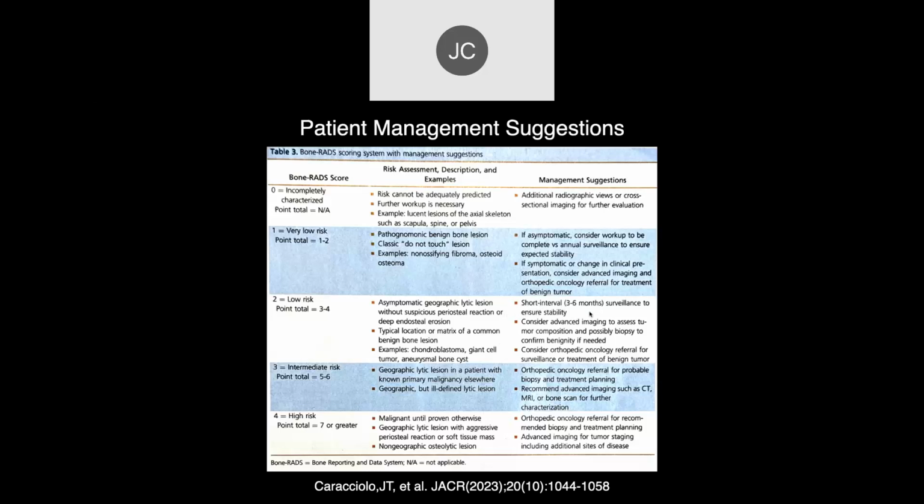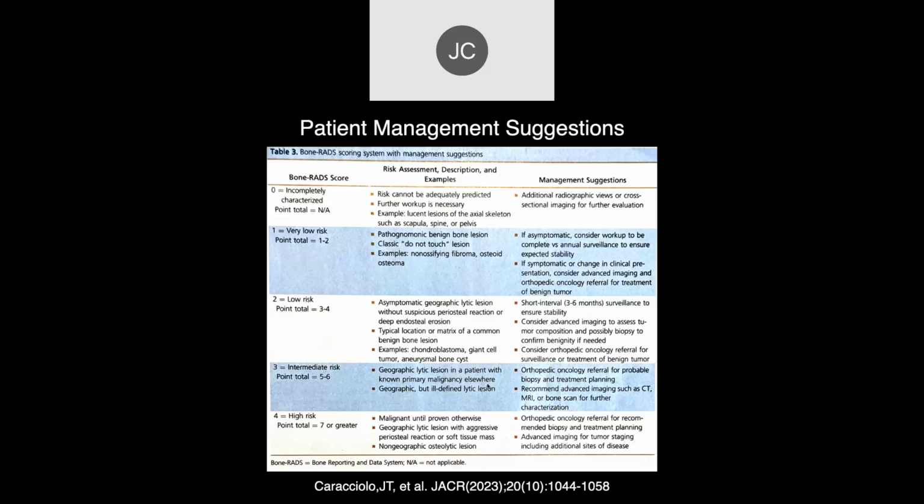If there's growth, then you're more concerned about it, and you'd probably go on to more advanced imaging or biopsy. But even with these, generally it's best to err on the side of caution. If you have any concern, suggest a biopsy or orthopedic oncology referral.